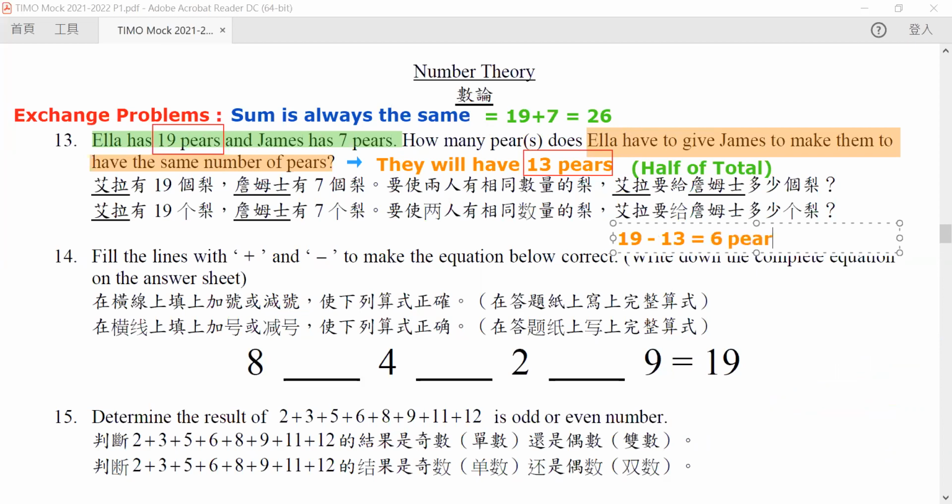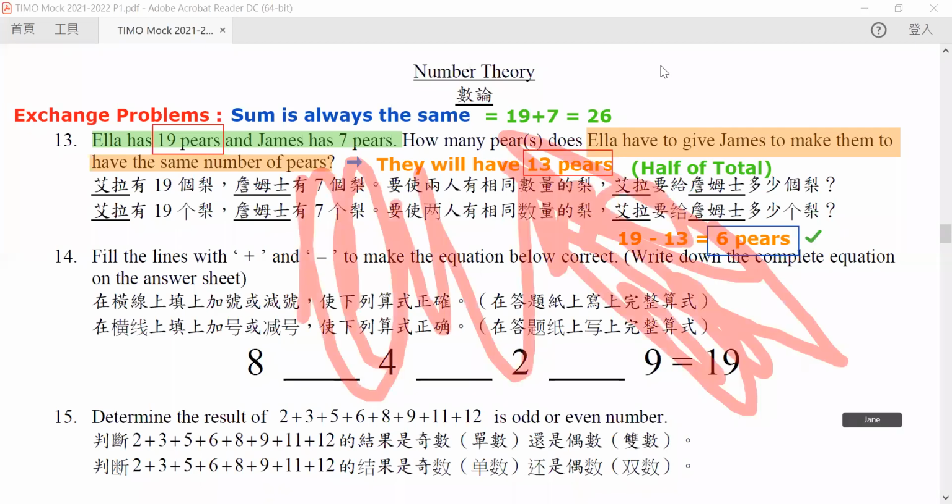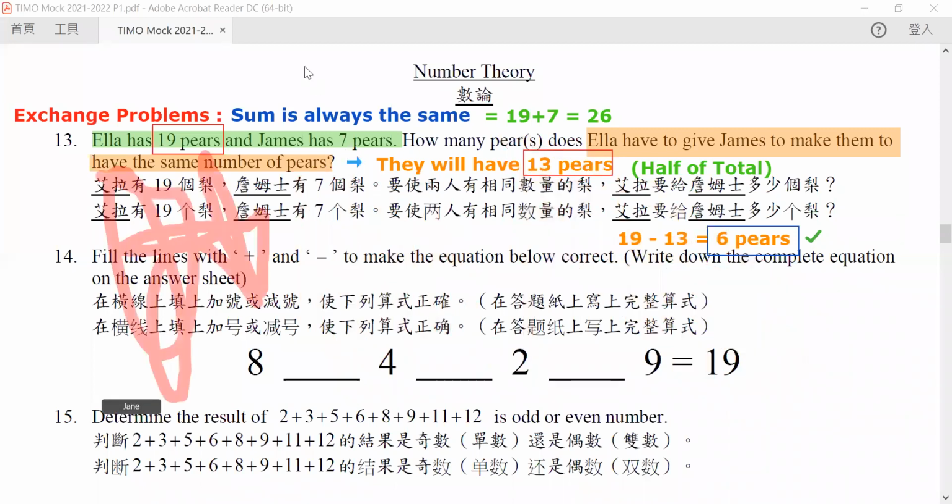So Ella needs to give the 6 pears to James. So this is our answer in here. Okay. So this is our question number 13.